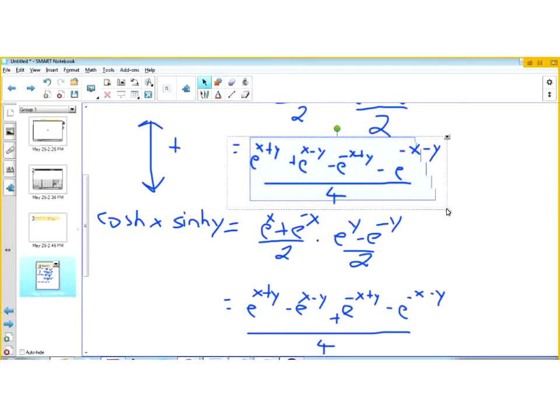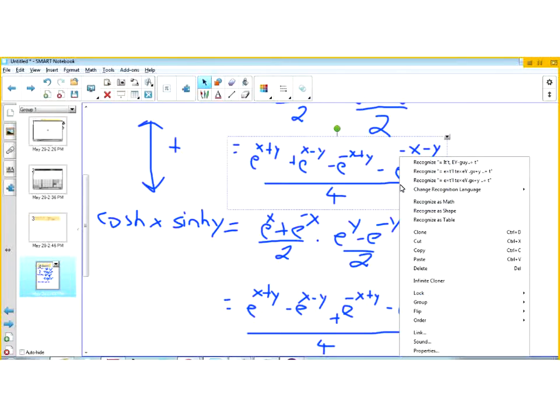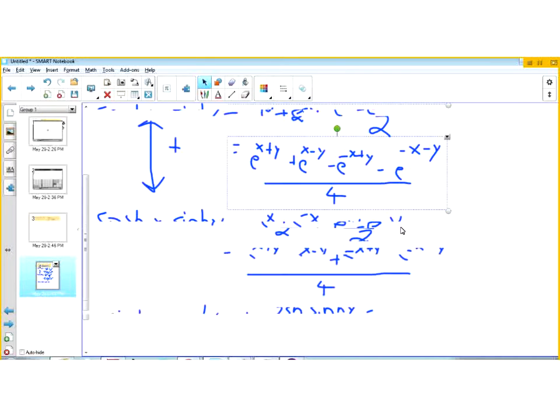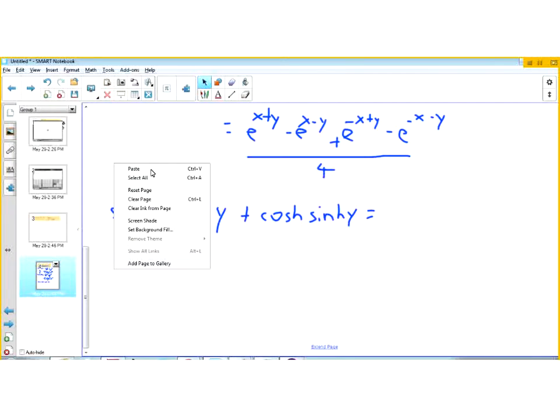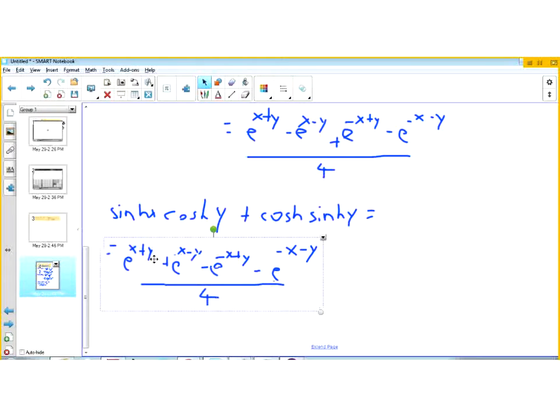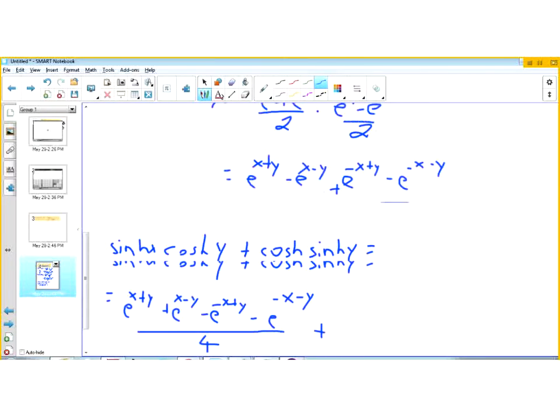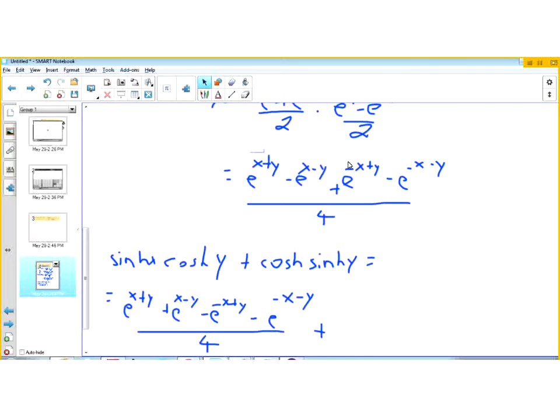If I do this, copy, so I'll paste here, and then I'll go plus, and then I need to copy this piece.